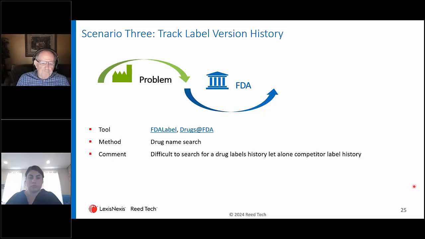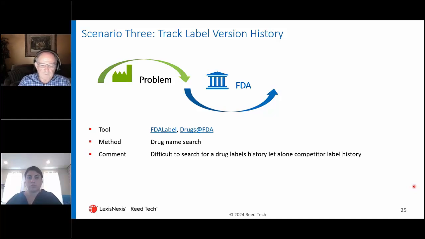FDA label and Drugs@FDA would be good sources for this particular item. The DailyMed also does have version control or versions available. It's a couple clicks to get there, so it's not super convenient, but you're able to go to the DailyMed and find various versions.